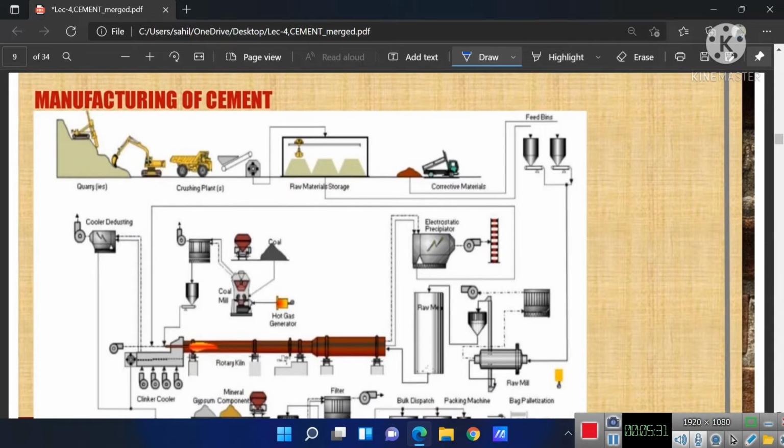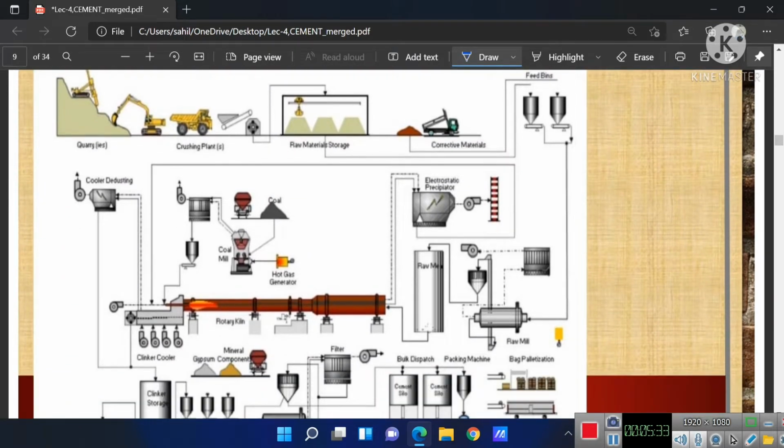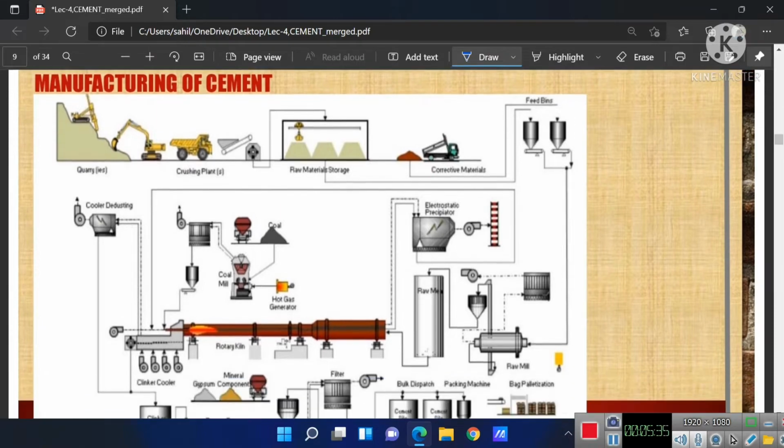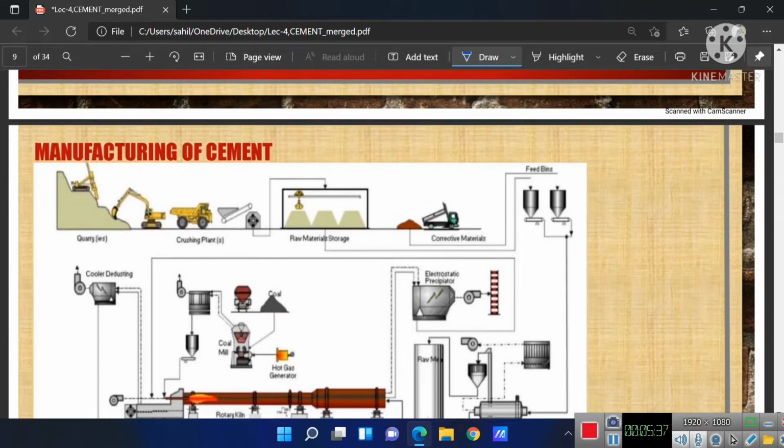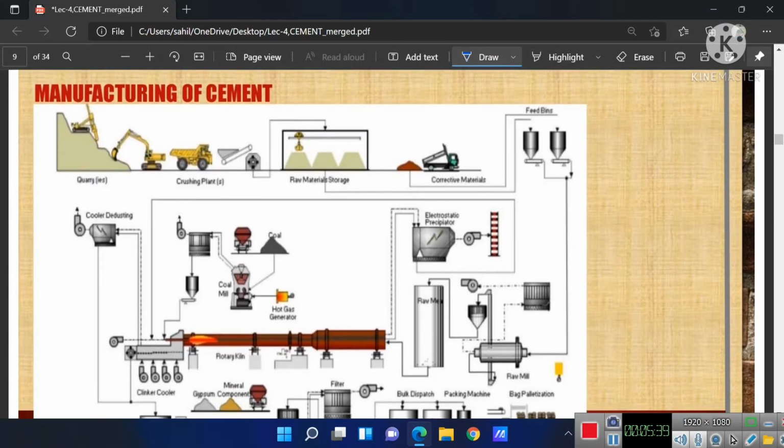Now here is a flow diagram which shows the manufacturing of cement. In this first process, the raw materials are excavated and then sent to the storage, and here they are mixed in correct proportions and then fed to bins, and after that it is delivered to the raw mill and mixed with water.